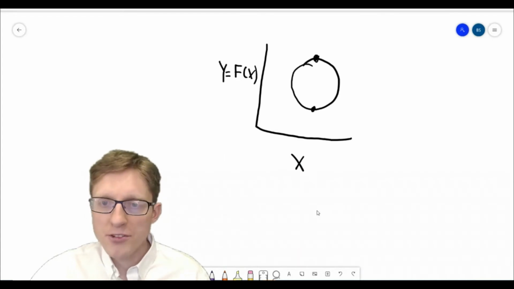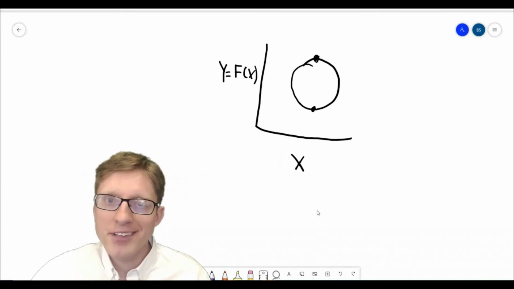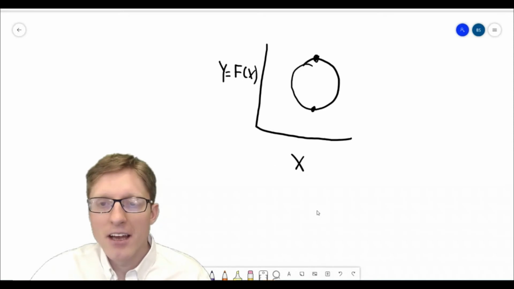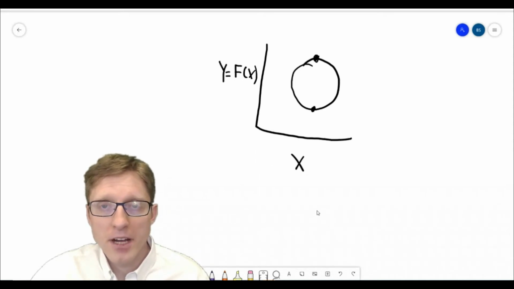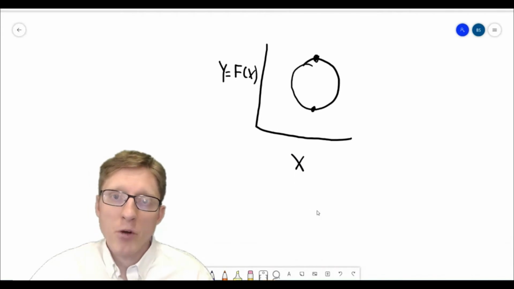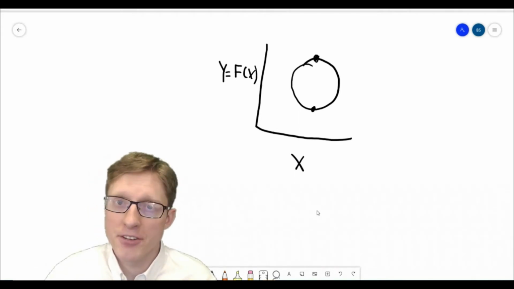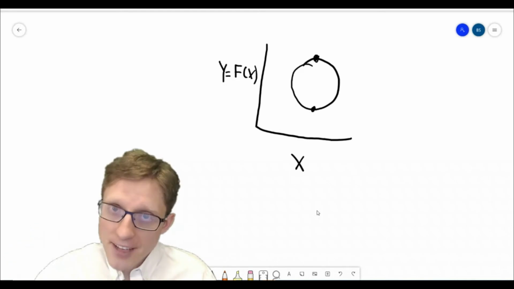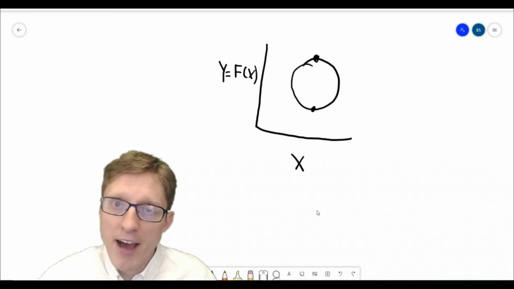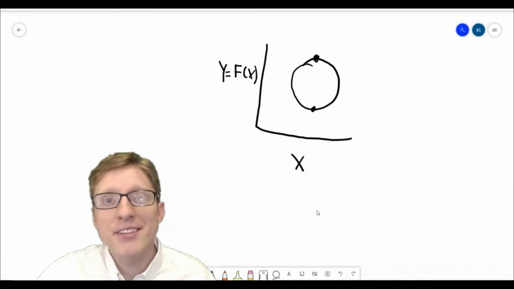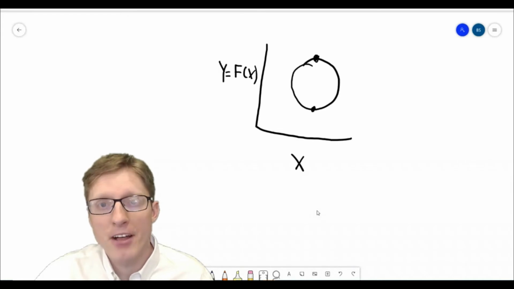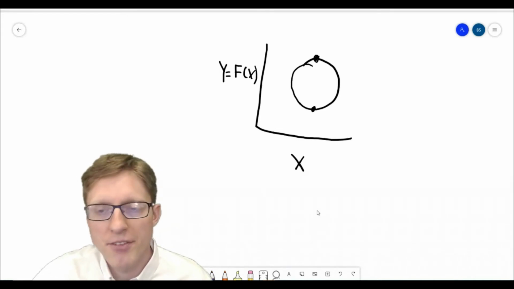So the slope being 0 does not guarantee that the candidate solution is a maximum. Rather, it's only what's called a necessary condition. It's necessary for the value of x to be maximizing a function, but it is not sufficient to guarantee that that value of x maximizes the function.